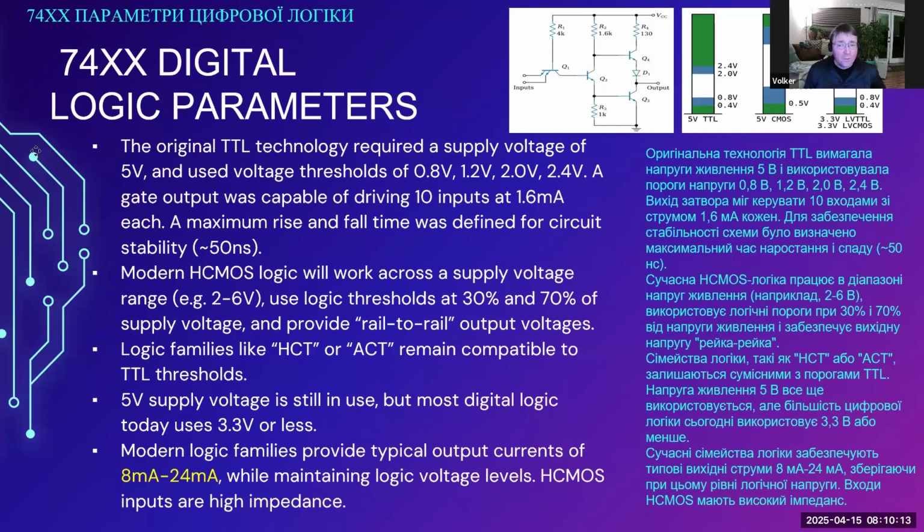So all follow-up logic families are roughly around that value, plus minus 50%. For example, HCMOS logic is intended for 8 milliamps of maximum output while maintaining voltage levels. The LVC family can output 24 milliamps while maintaining voltage levels.